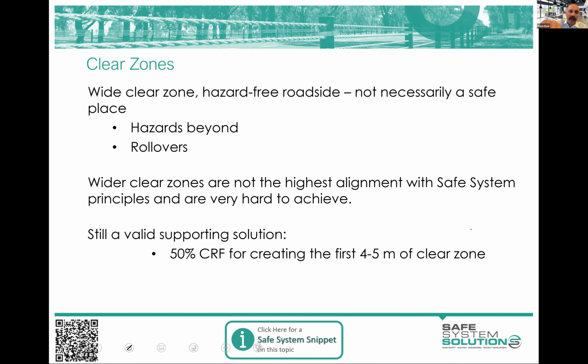So I talked about going beyond whatever the clear zone is and hitting the hazards. But the other one I haven't really talked about here is that you create these large areas for rollover potential. As a vehicle leaves the road, it will start to yaw and all sorts of stuff happens. And there's quite a high rollover potential in these cleared areas.